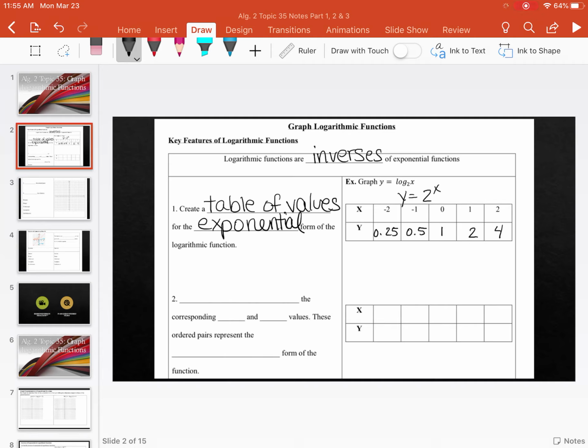Now, in order to graph the logarithmic form of this function, we're going to interchange the corresponding x and y values. Basically, we're just going to swap them. These ordered pairs will then represent the logarithmic form of the function.